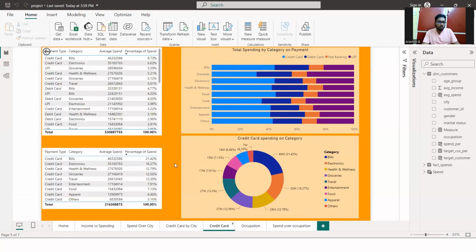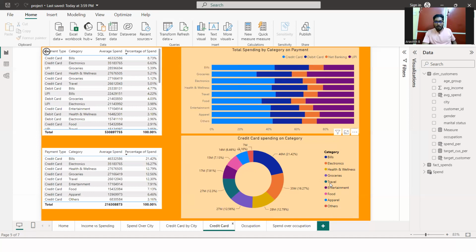Next, we look at where people use their credit cards the most: paying bills, electronics, health and wellness, purchasing grocery items, and travel. They are using their credit cards mostly in these places. Around 90 percent of the spending was done through these categories: billing, electronics, health and wellness, groceries, and travel.